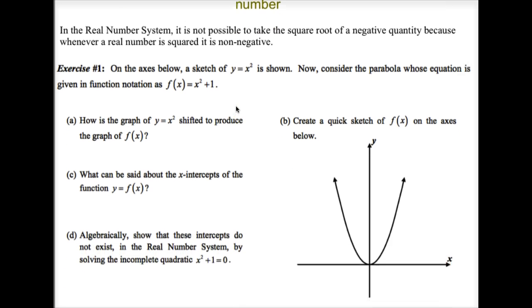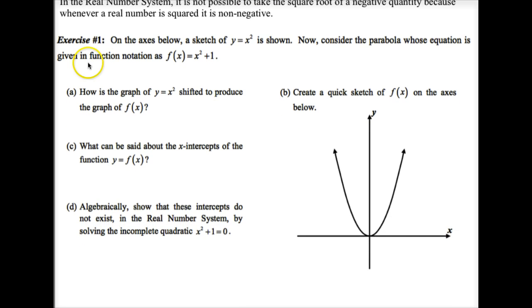So what we want to consider is exercise 1. It says on the axis I sketched you y equals x squared. Now consider the parabola whose equation is given in function notation as f of x is equal to x squared plus 1. You should remember from Algebra 1, how are these two graphs different?